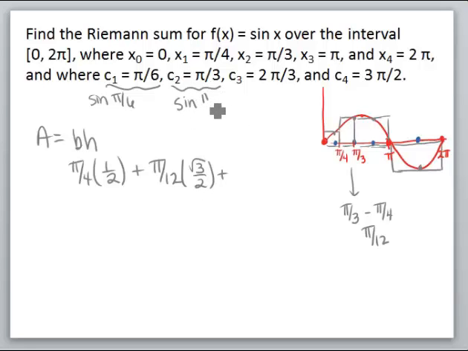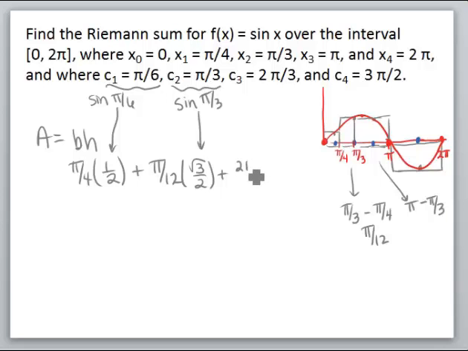I just figured out this part, the sine of pi over 3, that's this. That was this. And then the next thing I want to do is find how much this base is. So I would be taking pi minus pi over 3, and the distance between them would be 2 pi over 3.